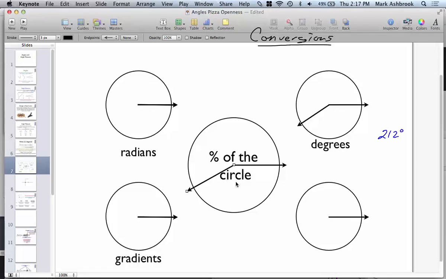Okay, so the fraction of the circle that's the same as 212 degrees is 212 over 360. And let's just get a rough approximation of that. 0.58, lots of eights.